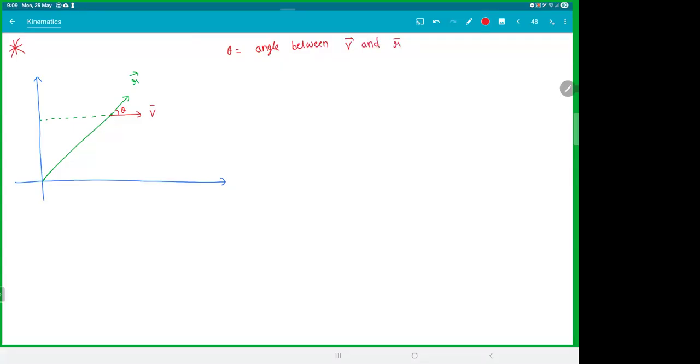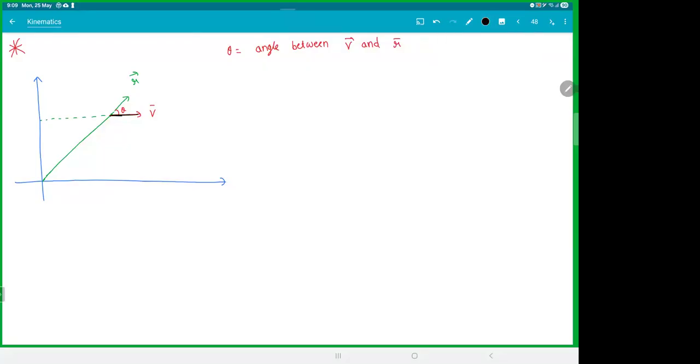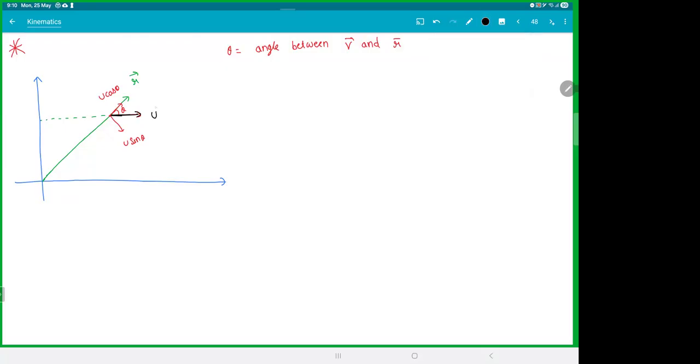Great. Now, if you resolve this velocity into two components, you get a component here, u cos theta, and you get a component here, u sin theta. Now, ask yourself, what is u cos theta doing exactly here?